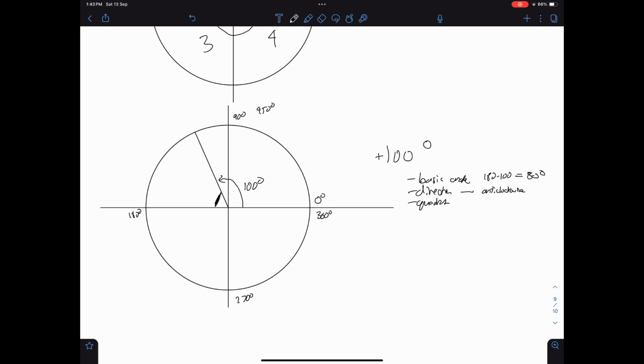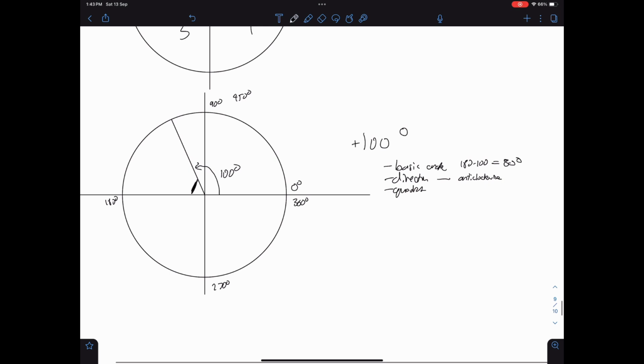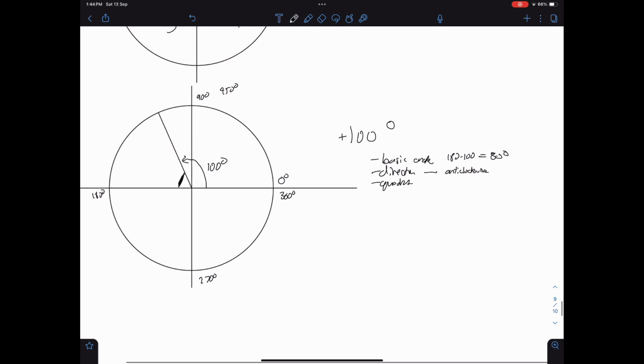If you had a really large number, honestly, what you'd do is you'd just have to keep adding up 90. If it asked for a diagram, you'd have to keep doing a swirly spiral thing. But honestly, what I would do is divide 100 by 90.